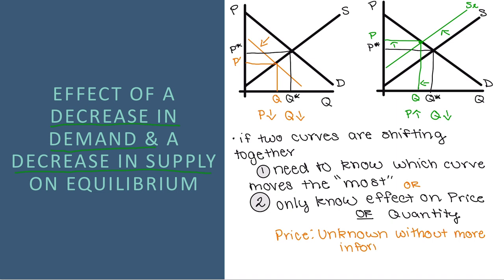Quantity, however, will definitely go down because it's going down in both of the shifts. It's going down in our demand curve and it's going down in our supply curve shift. So quantity will definitely decrease.